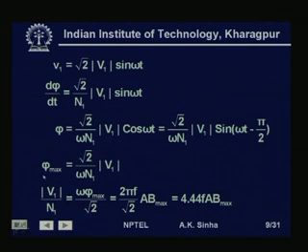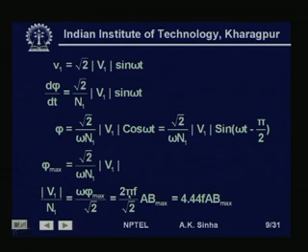From this equation, V1 by N1 is equal to omega phi max by root 2, which is equal to twice pi f by root 2 into phi max, and phi max can be written as A into B max, where A is the area of the cross section of the core. So, we have omega equal to twice pi f.